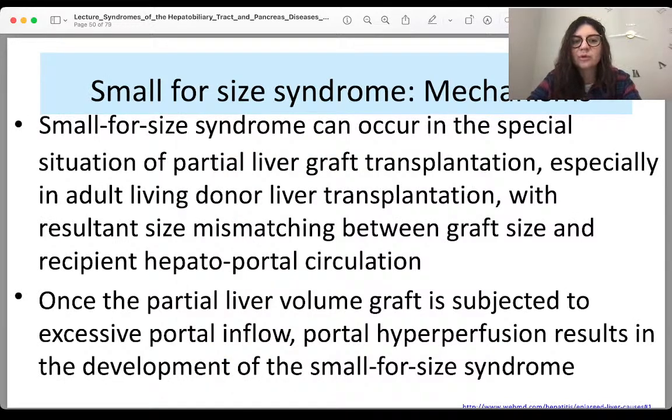Small for size syndrome can occur in the special situation of partial liver graft transplantation, especially in adult living donor liver transplantation, with resultant size mismatching between graft size and recipient hepatoportal circulation. Once the partial liver volume graft is subjected to excessive portal inflow, portal hyperperfusion results in the development of small for size syndrome.